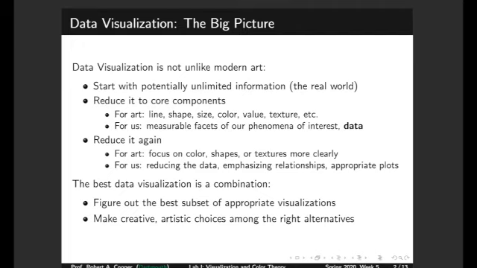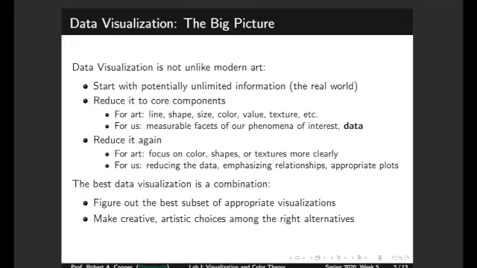Right? We reduce it to the appropriate, in our case, aesthetics, but then we also reduce it into color, shape, maybe even texture if we're doing it very well. We're emphasizing relationships and appropriate plots.